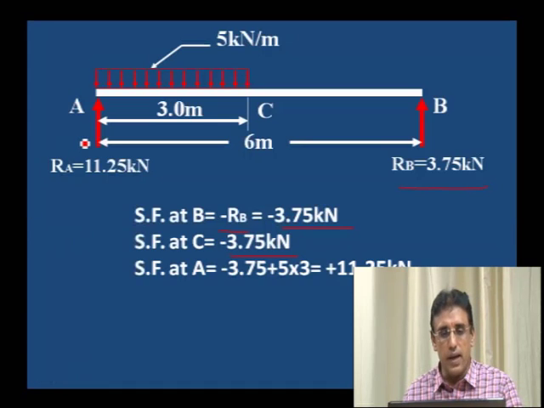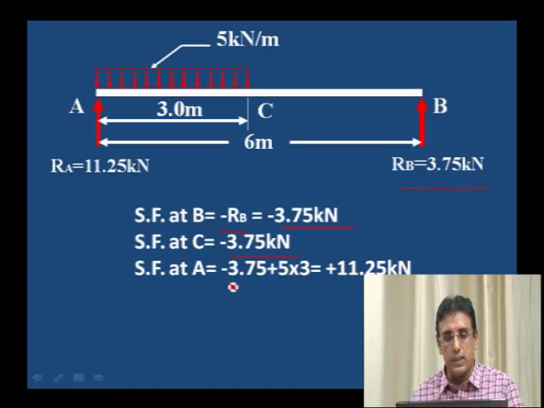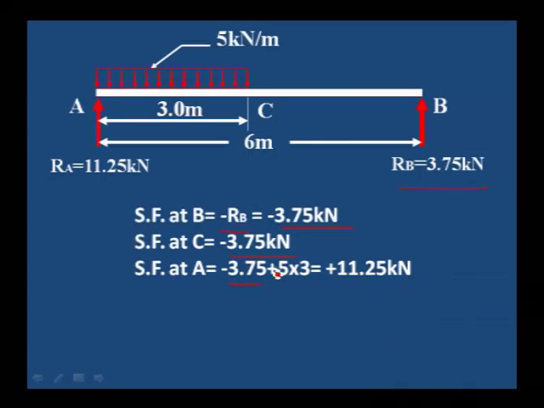Shear force at A is minus 3.75, the previous value, plus the load of 5 into 3. Total load acting from A to B is 5 into 3, 15 kilonewton. Therefore, shear force at A is equal to 11.25. You can observe RA is also 11.25. Shear force at A will be the RA value, shear force at B will be the RB value. In between that, we have to calculate.